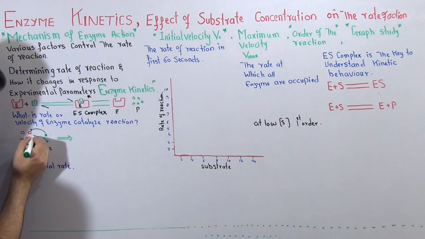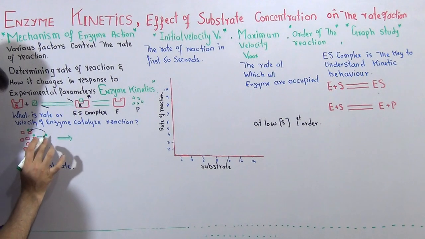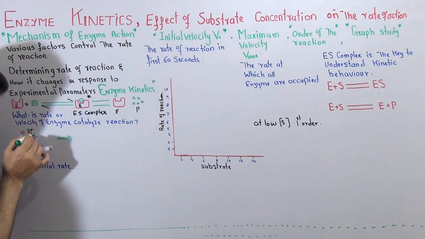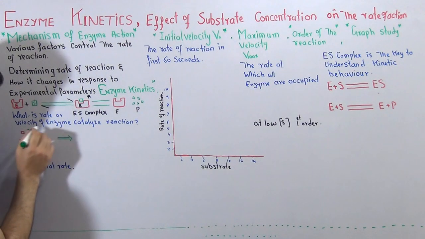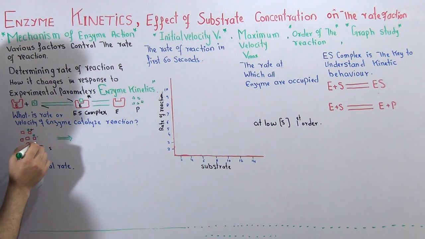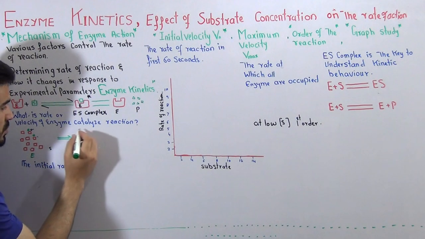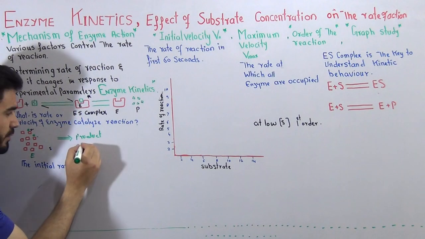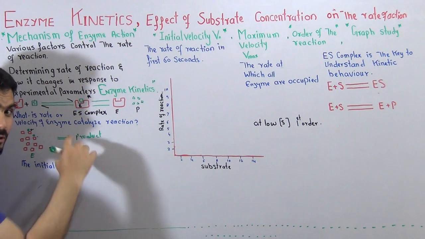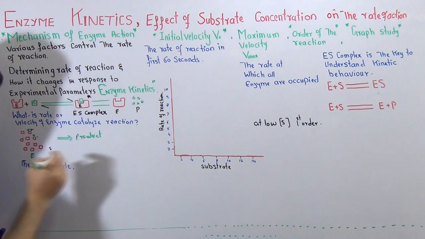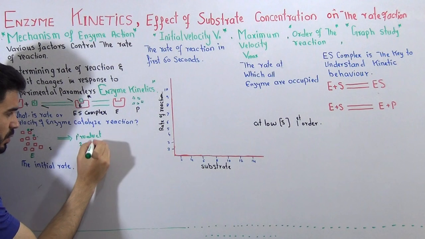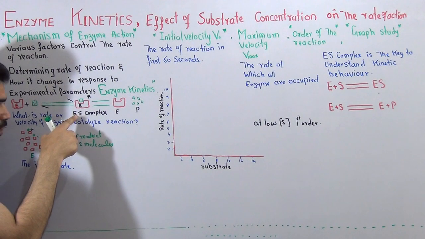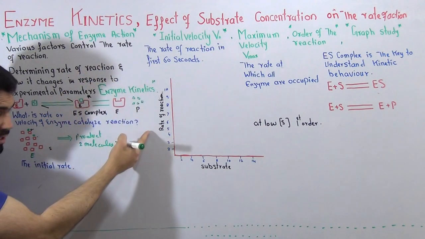Now you can see we had 2 substrates binding at 2 enzymes, and these 2 enzymes will catalyze the substrates into product. How many substrate molecules were catalyzed? 2 molecules. Of course, they formed enzyme substrate complex and then converted to product.